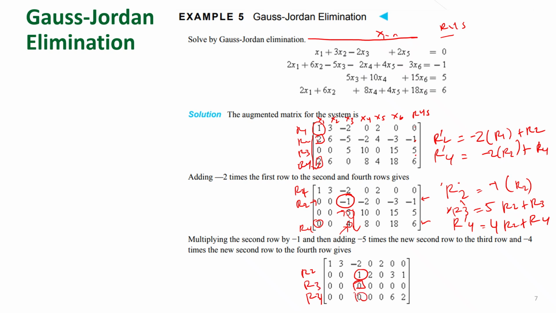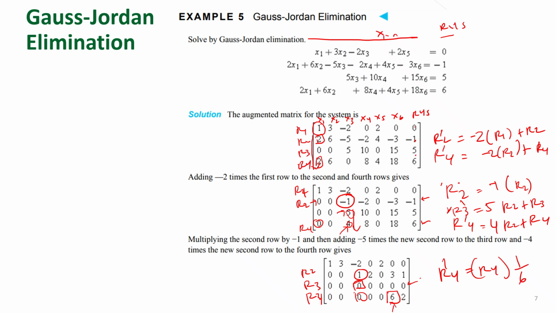Okay, next you need to check. Row 3 is all 0 already, so no need to have a leading one. This one you need to convert to a leading one. So the new row 4 will be equal to the original row 4 multiplied by 1/6.